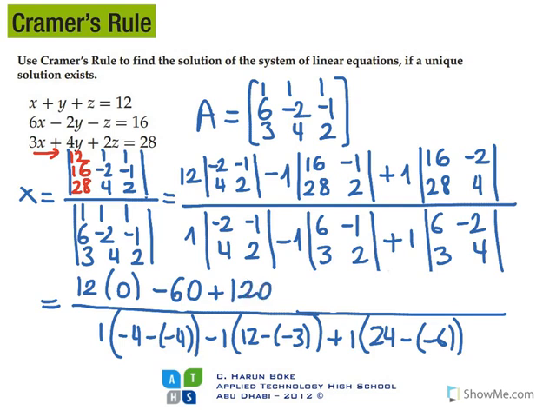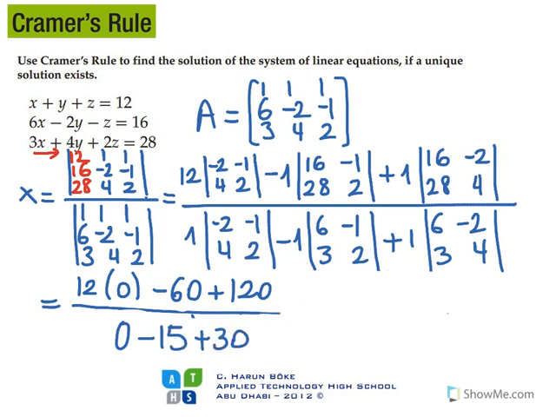And at the bottom we have 0 minus 15 plus 30. So if we do the additions, we get 60 divided by 15, which is 4 for the value of x. So let's write it down here, x equals 4.